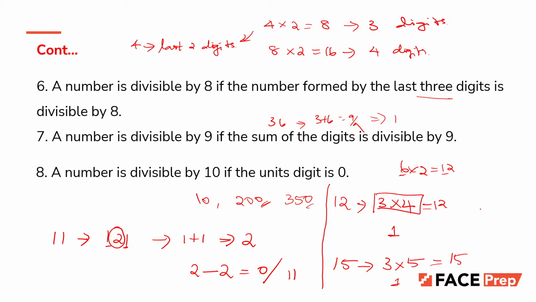Again, let's take 18. For 18 I may take 9 into 2, right? So 9 and 2 have to be applicable. Similarly, for any other prime number, let's take 17. If I'm taking the number 17, I have to apply a rule, right? Last digit into 4 and subtract it from the other number, right?